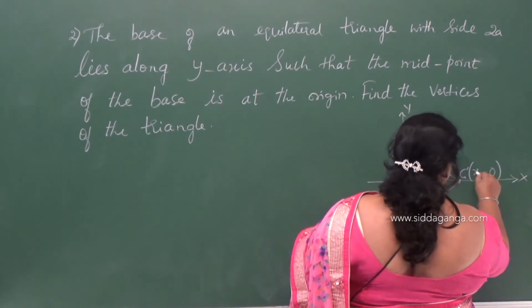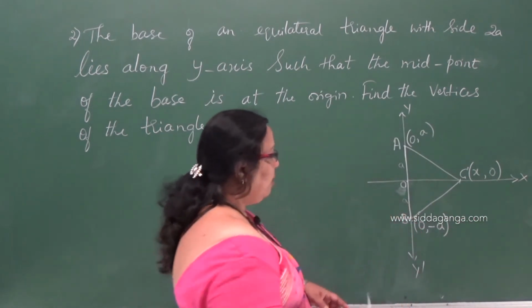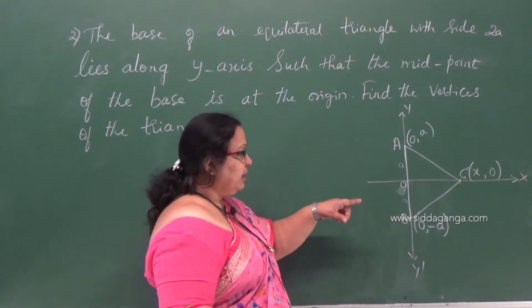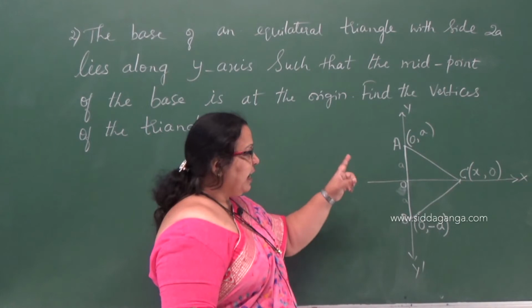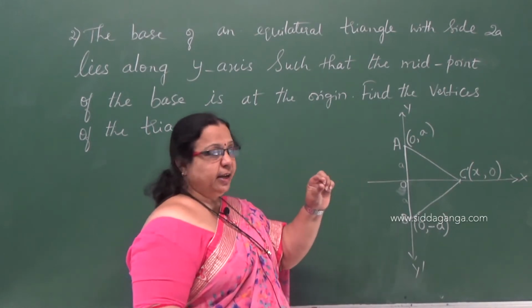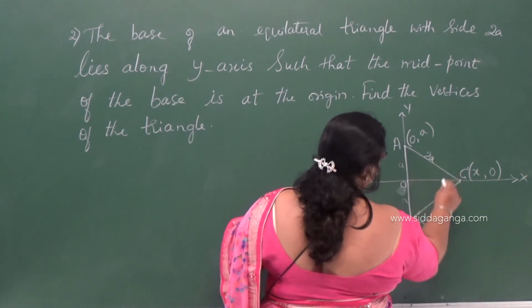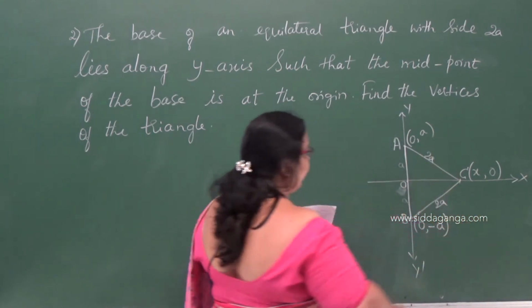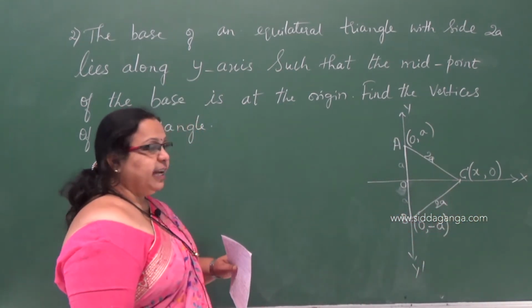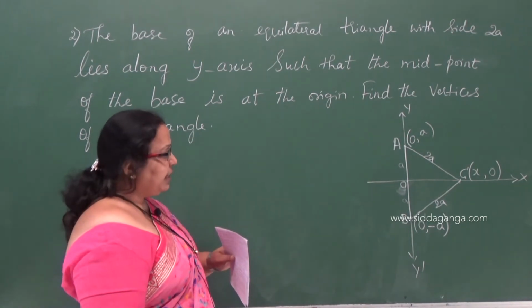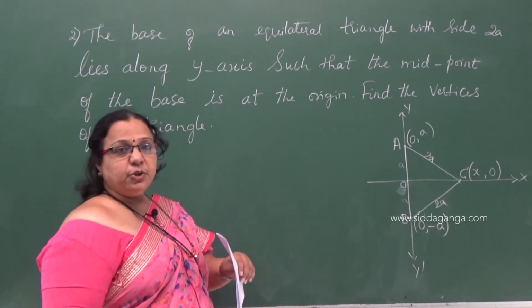You take this as x. Now the distance between those two points A and C is nothing but 2a, because it is an equilateral triangle. Since it is an equilateral triangle, the CA distance or BC distance is 2a.